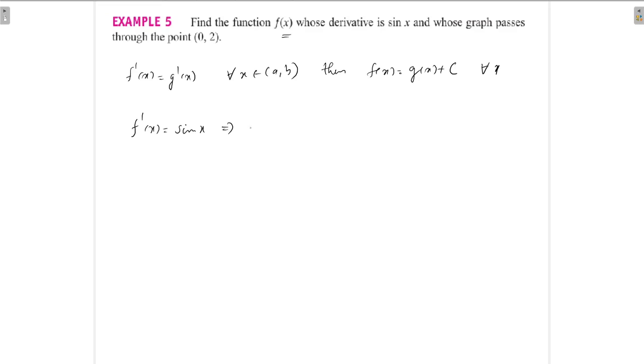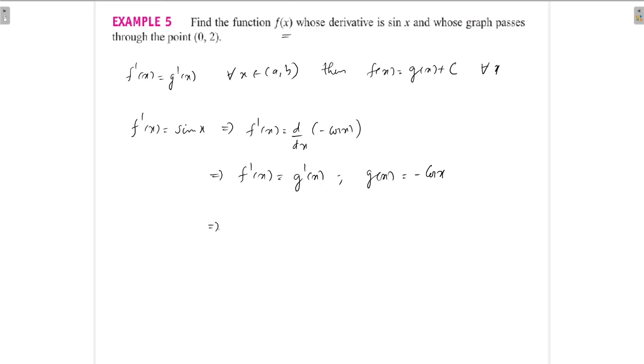Then this implies f dash x equal to the derivative, that is d by dx of minus cos x. So we can put this minus cos x as g. So f dash x equal to g dash x, where g of x equal to minus cos x. g of x equal to minus cos x means the derivative of g of x equal to sin x.